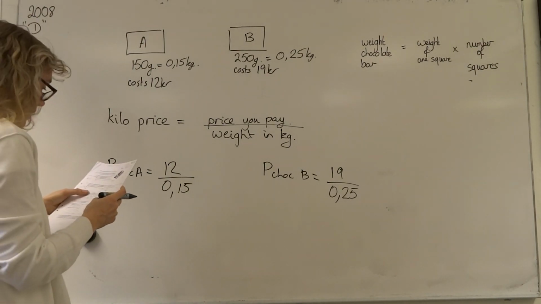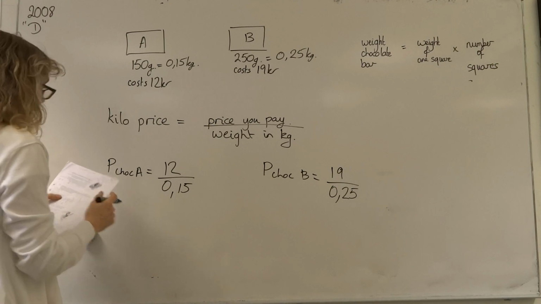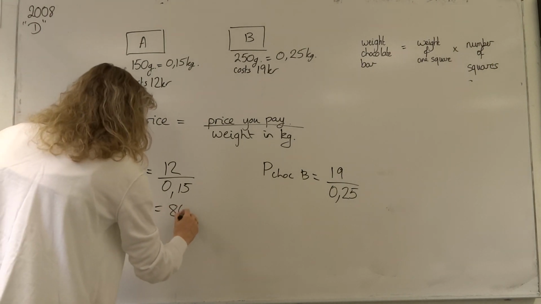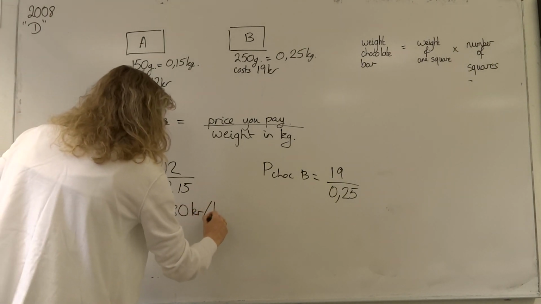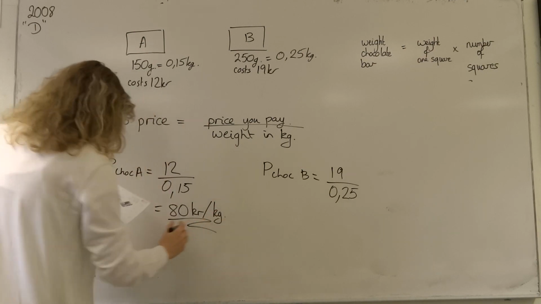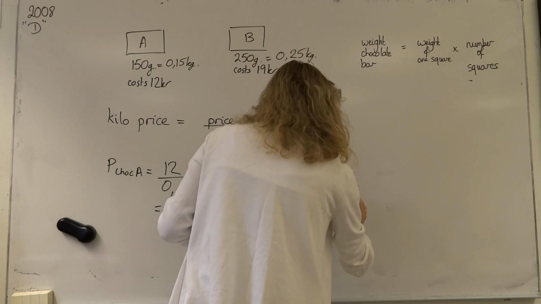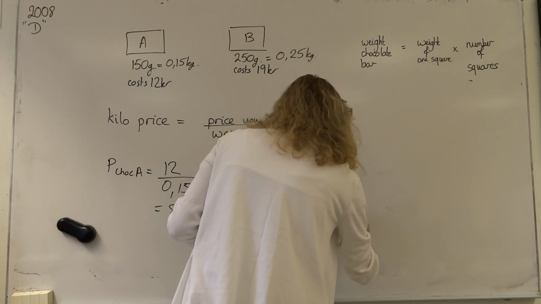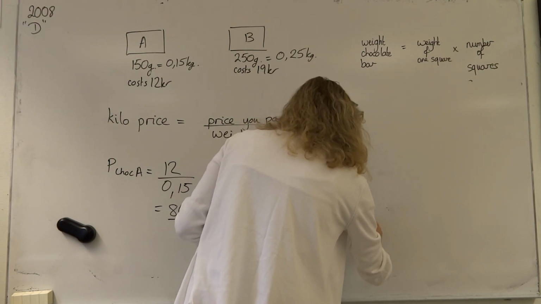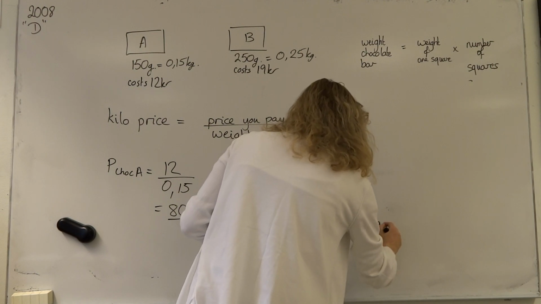For this one then, you get 80 kroners per kilo. The price is 80 kroners for a whole kilo. And for this one, 19 divided by a quarter is the same as 19 times 4, 76 kroners per kilo.